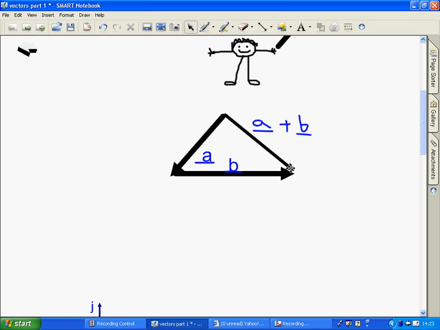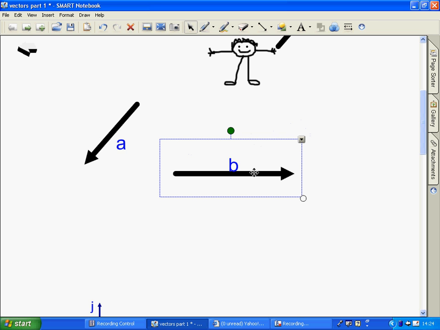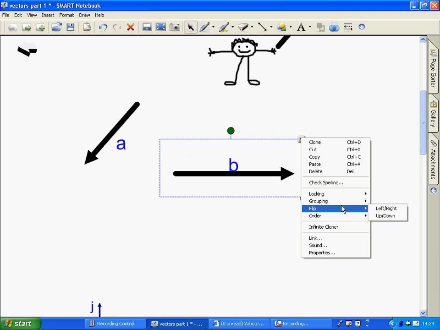I could, if I wished, take vectors away. The vector A minus B would be the vector A here, and then if I want minus B, this is the vector B, I need it to go in the other direction.